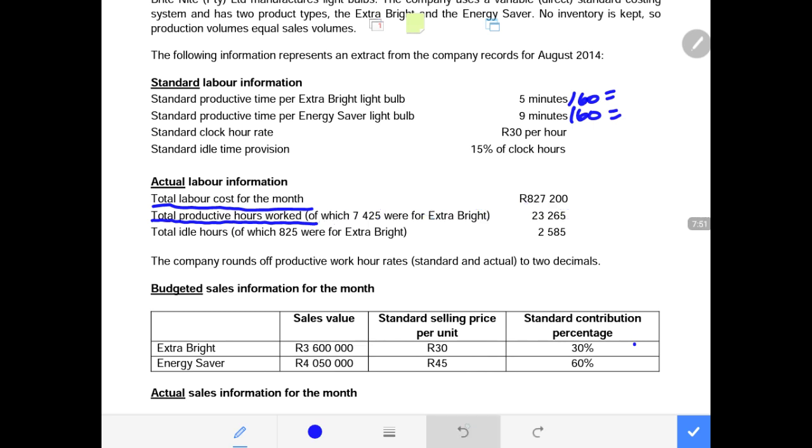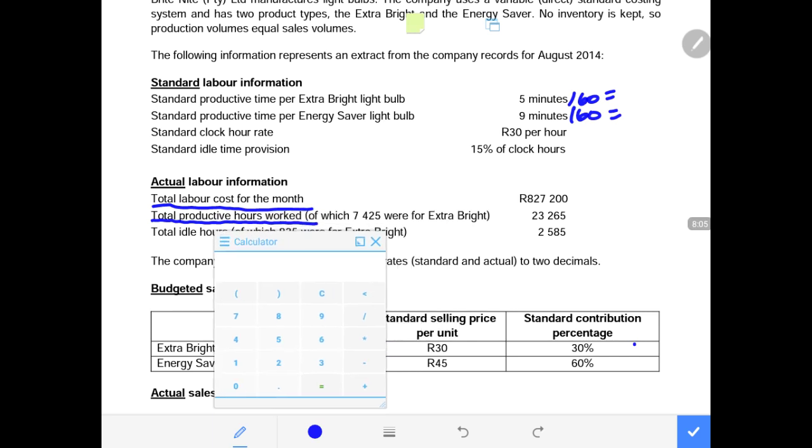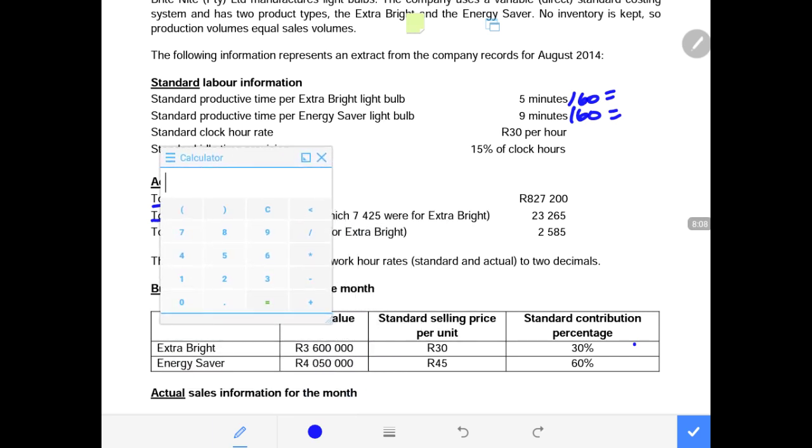So now we need to know the energy saver's total actual productive hours. I just do the deduction between the two figures to get the actual productive hours for the energy saver bulb: 23,265 minus 7,425 gives me 15,840 hours that were actually productive for the energy saver bulb.